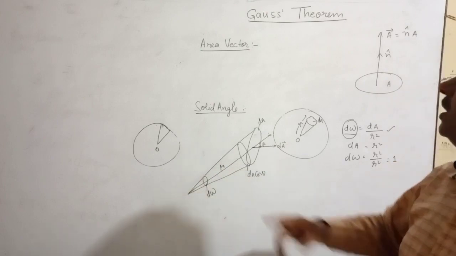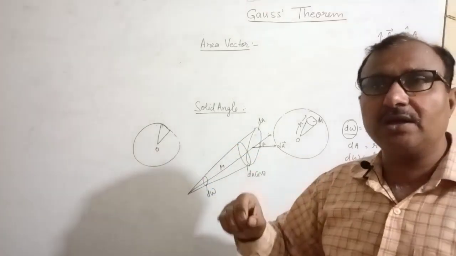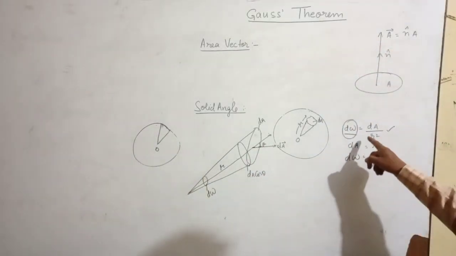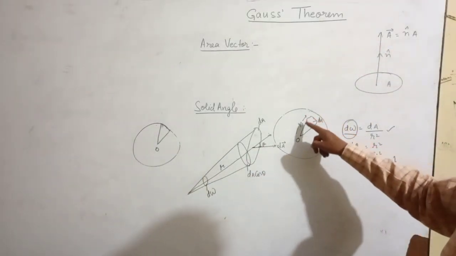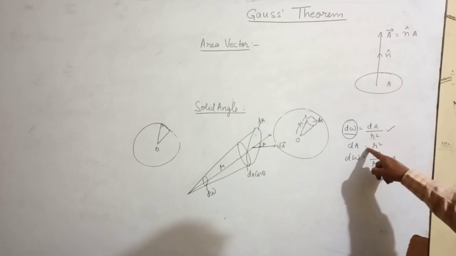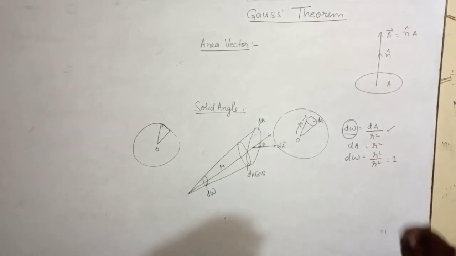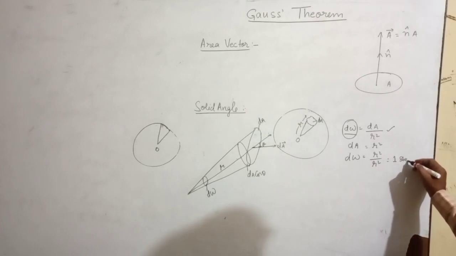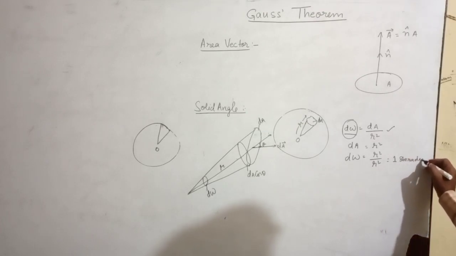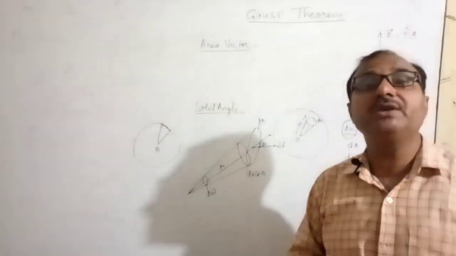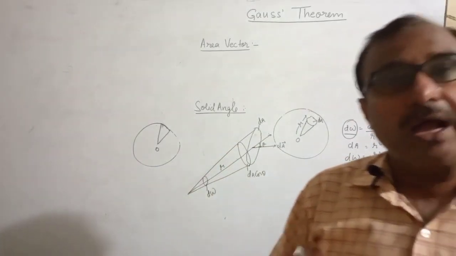As I told, the unit of plane angle is radian, and the unit of solid angle is steradian. So if any part of the sphere has area equal to the radius squared, then the angle subtended by that is 1 steradian.